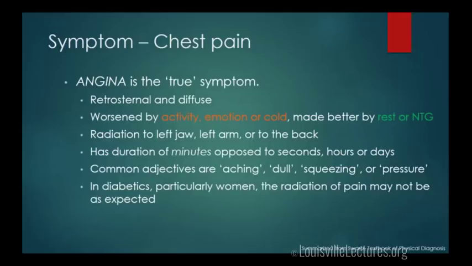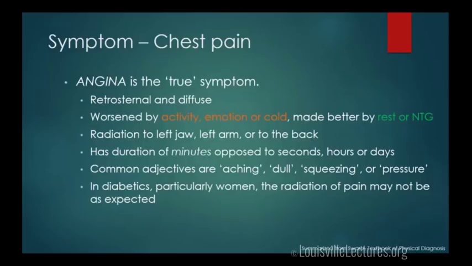Now, one of the things that this does not hold true to is when there is diabetics, because diabetics tend to have dysautonomia in general, and because the nerves don't work as well as they should, those sensory nerves don't work as well, even the visceral sensory nerves. So sometimes pain doesn't come in the order that you would expect or the way that you would expect.